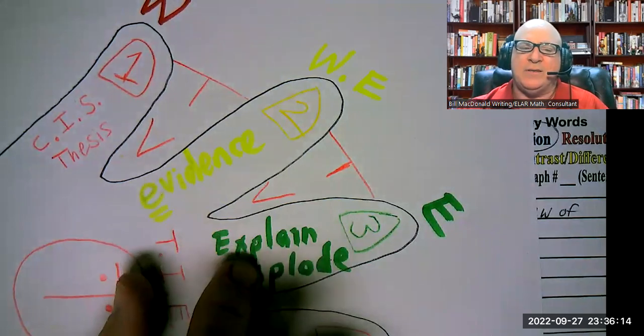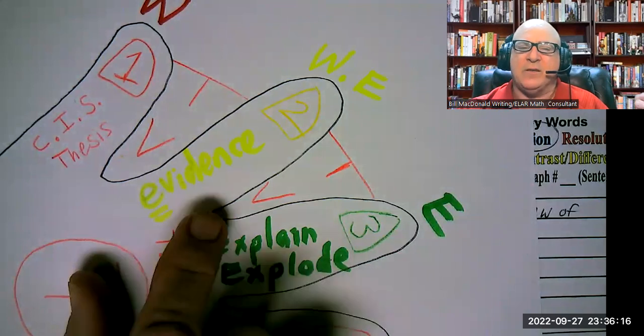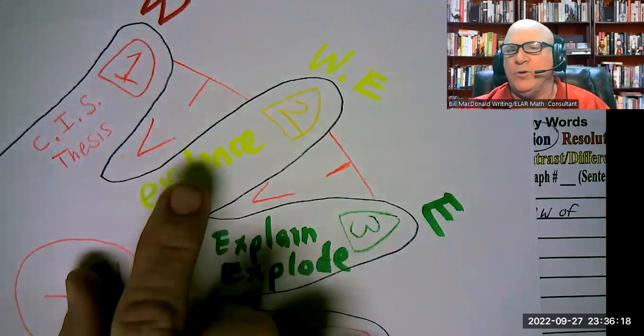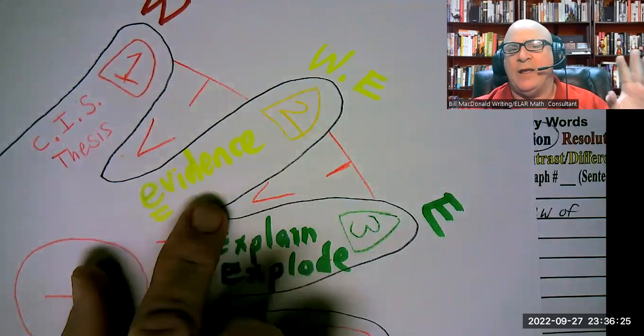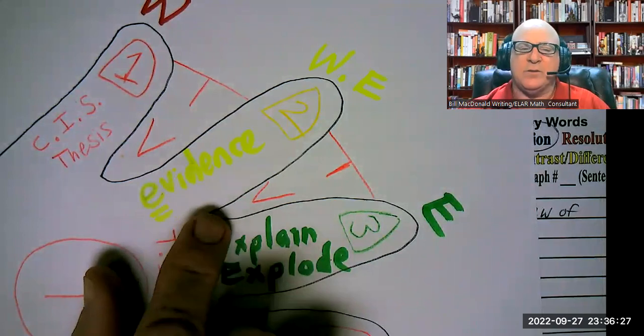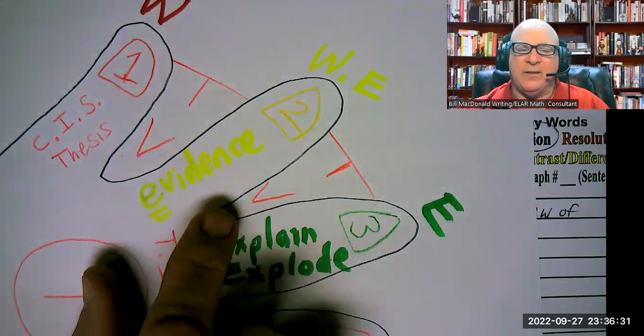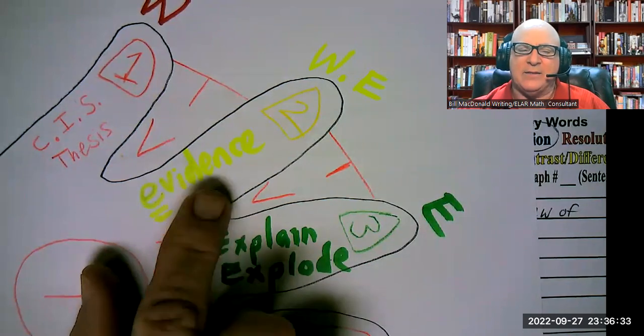You're going to use the examples of evidence that are probably the most unique and insightful if you're a higher level reader, a 4 or 5 reader, because not everybody has to use the same evidence and explain it in the same way.